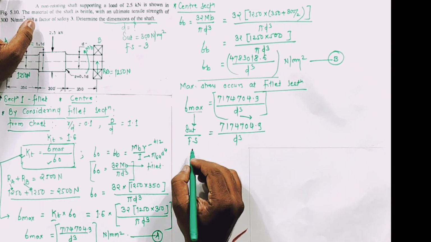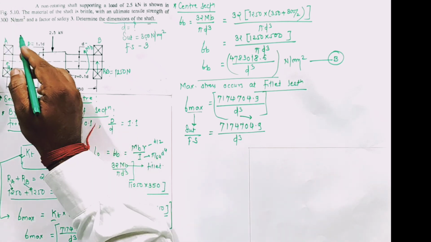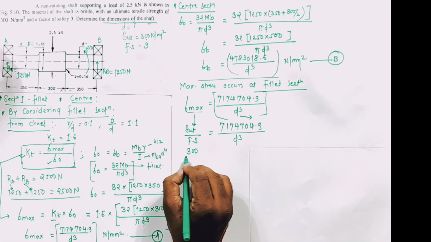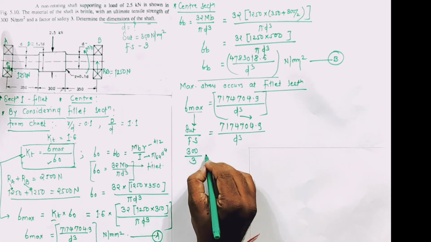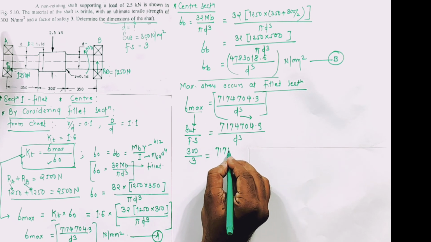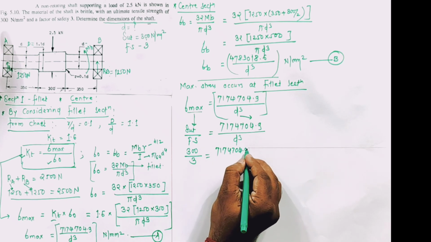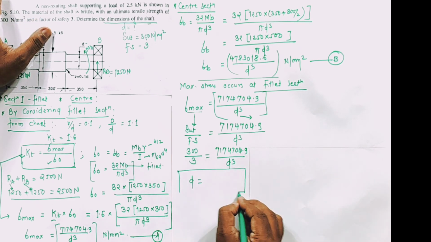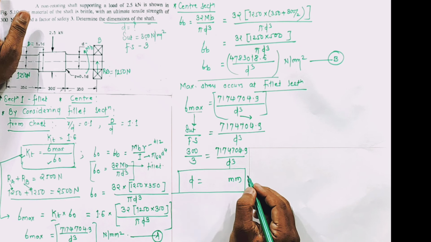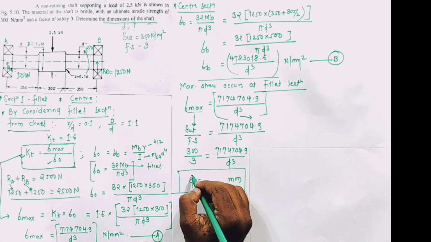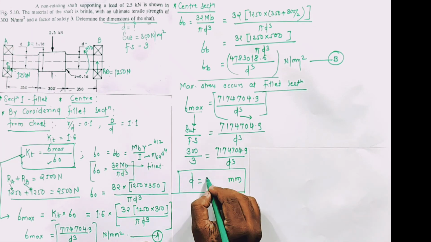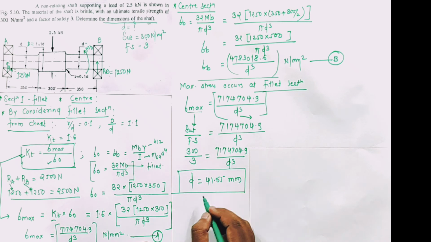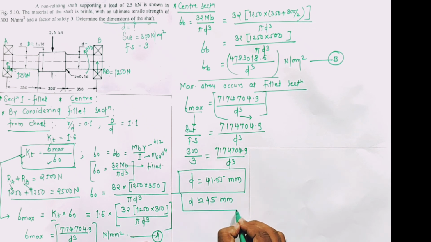Now SUT, how much have they given? SUT is 300, factor of safety 3, it is 77470.9 divided by d cube. Through this we'll get the diameter of the shaft for sustaining the 2.5 kilonewton load. So diameter, just try to calculate from your side, it will be around 41.55, which is nearly equal to 45 mm.